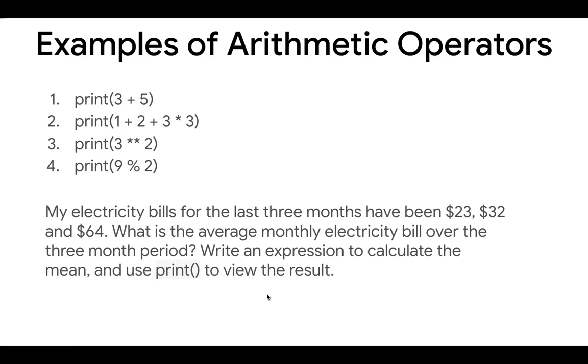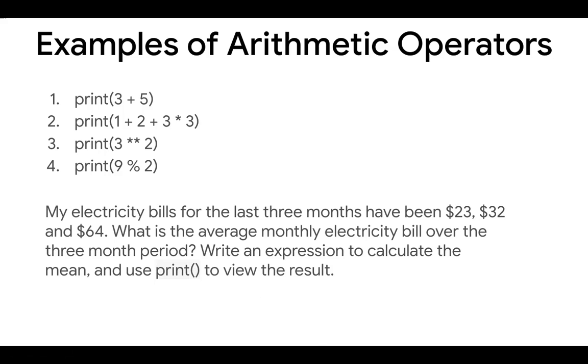And another example. We have electricity bills, which state that we need to pay $23, $32, and $64. What is the average monthly electricity bill over the 3 month period? In order to know the answer, you would use the print function to print the result of your expression.